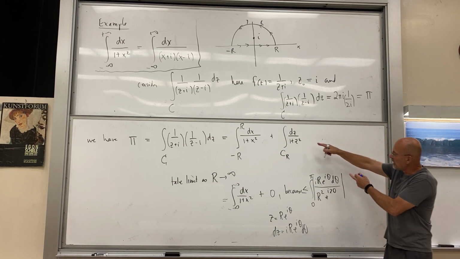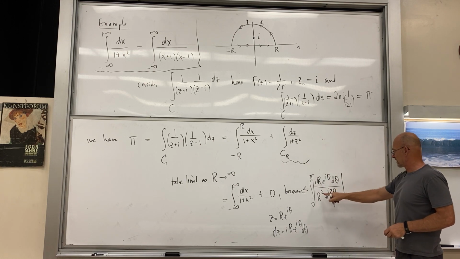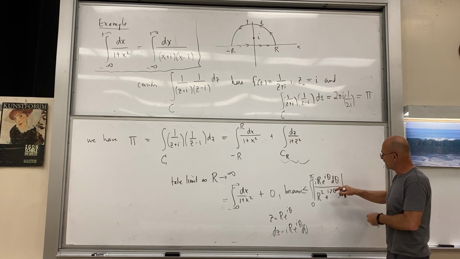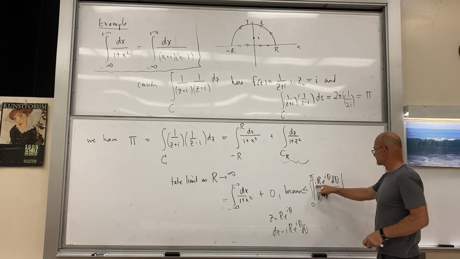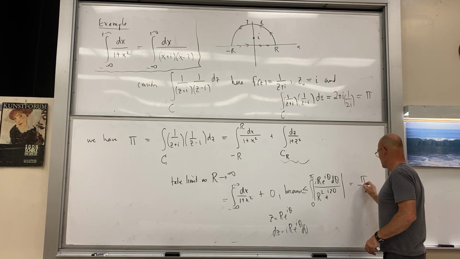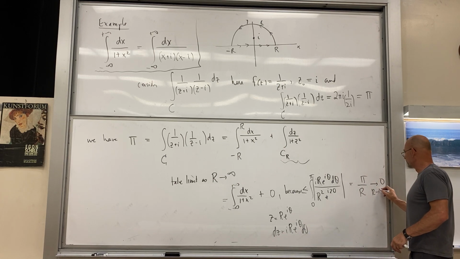We've already got an inequality here. i e to the i theta, e to the i 2 theta, these are all ones, and so we ended up with something like i over R, which goes to 0 as R goes to infinity.